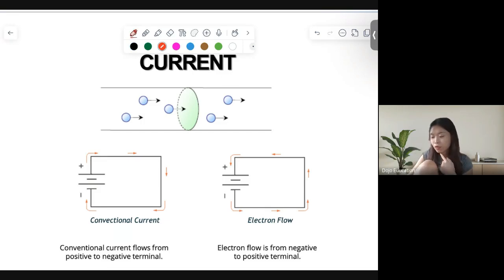So just take note, for conventional current, it always flows from the positive to the negative terminal. But for electron flow, it will always flow from the negative to the positive, because electrons always come from the negative side. But for current, it's positive to negative. So just don't mix up these two.